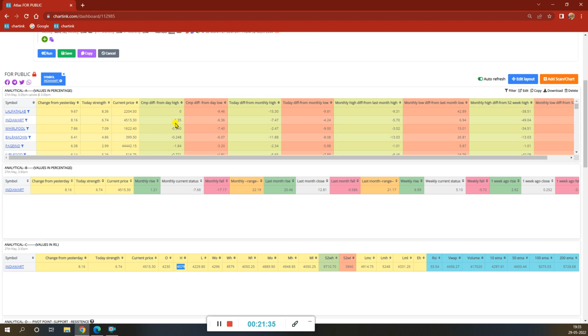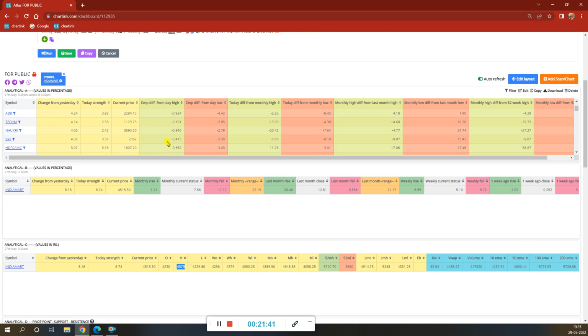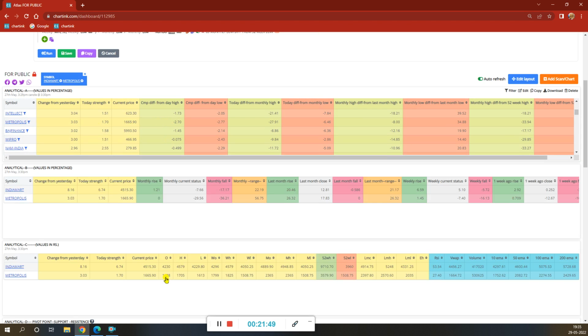So this way we can figure out during the day that this stock is falling now from the day high. Okay, this stock is falling now from the day's high. Like this, look at this. This is 2% down. Metropolis went up to 1705 in intraday, but the price is right now 1665, which is 2.70% down.